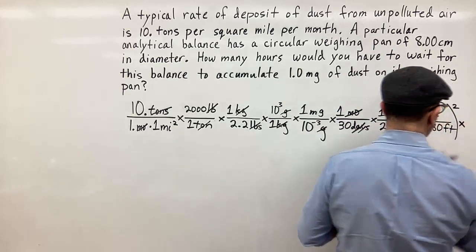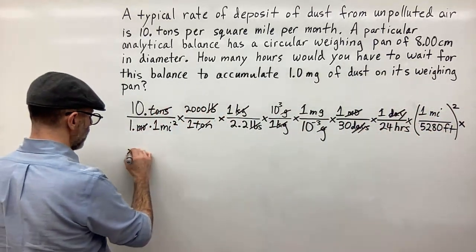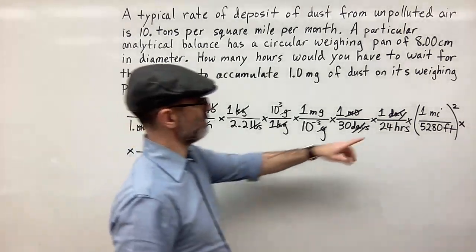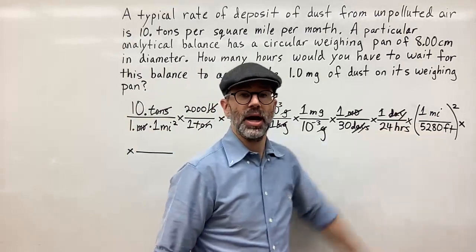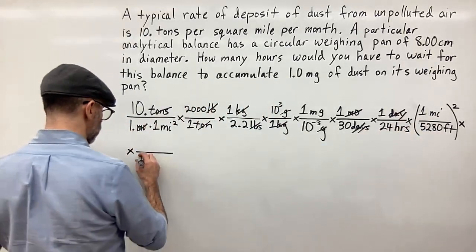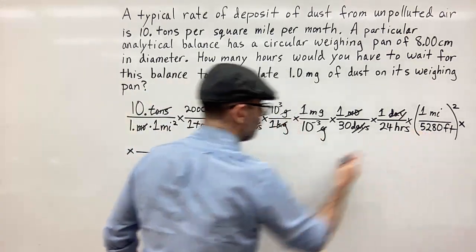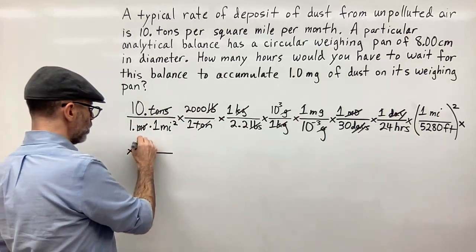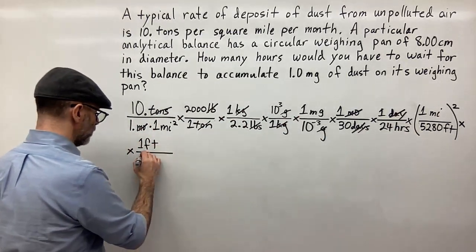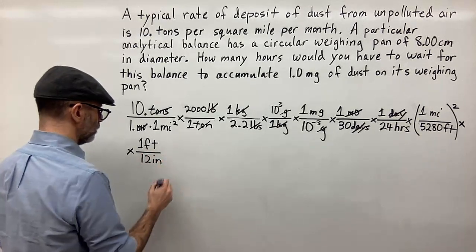So then I'm going to multiply by another conversion factor. I'm going to carry on down here. So now that I have feet squared on the bottom, I'm going to convert feet to inches. So since I have feet on the bottom, I'm going to put feet on top. So 1 foot on the top, 12 inches on the bottom.